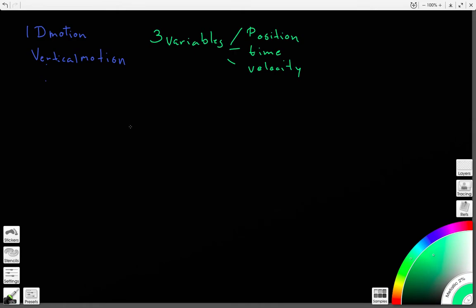These are our only three variables at the moment. And the equations that actually work with these three variables are the following.